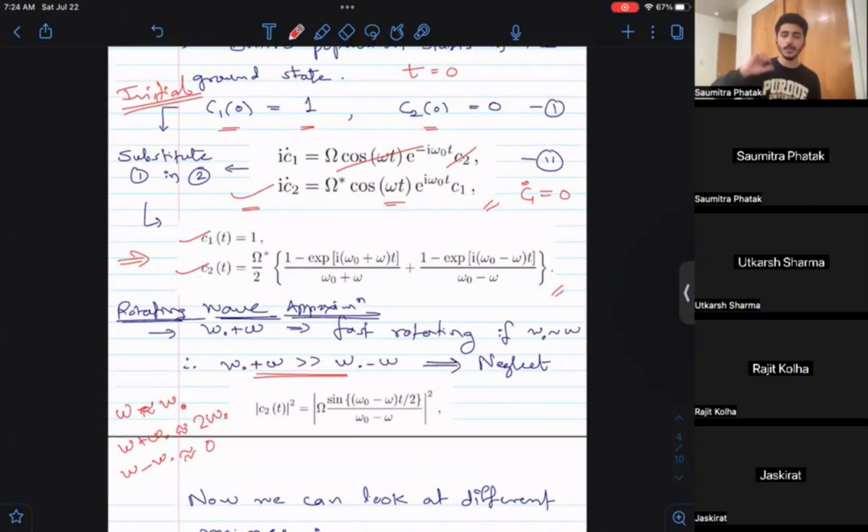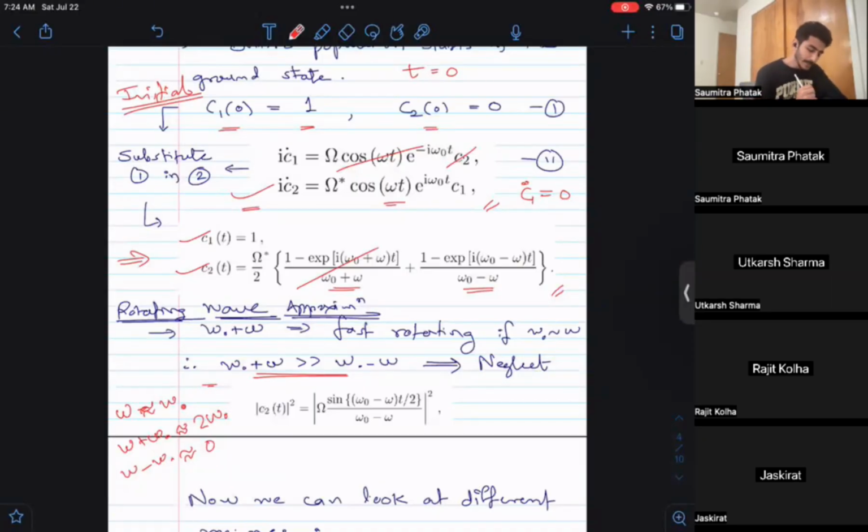If the frequency is too high, then you can neglect it, because if anything is moving too fast, what that does in your expression, especially in this expression, if you have a denominator which is very high, this entire term can go to 0. So that's why you can only consider the second term, and you can neglect the first term because this is true. This is the second approximation that we are considering, the rotating wave approximation.